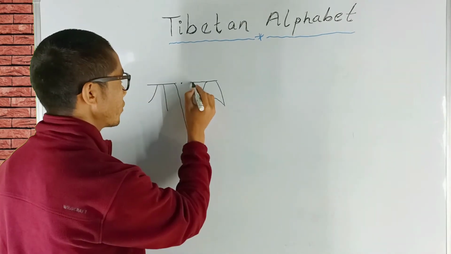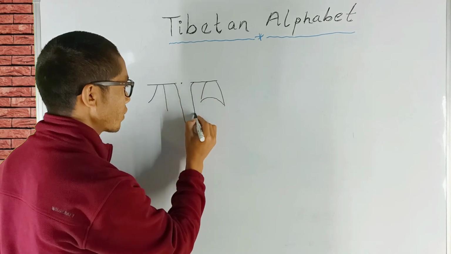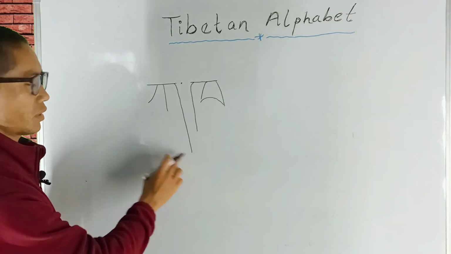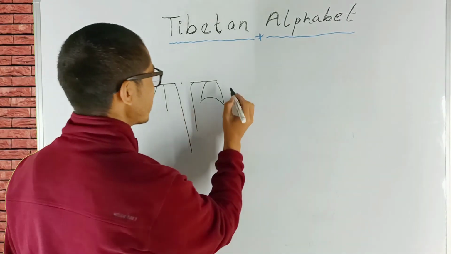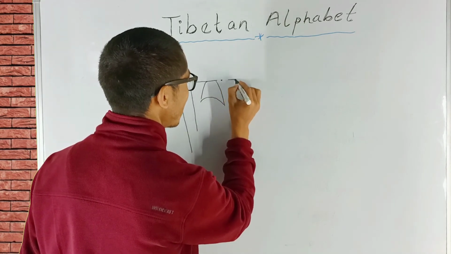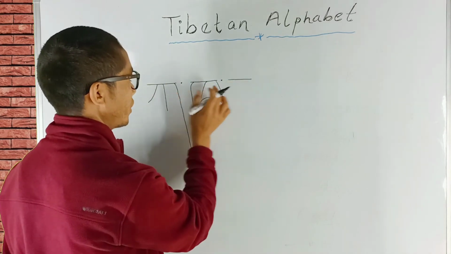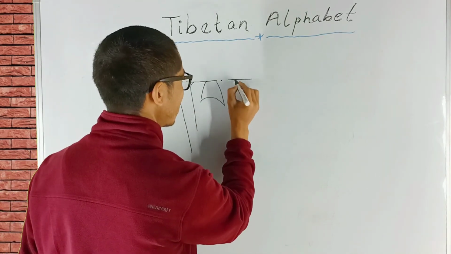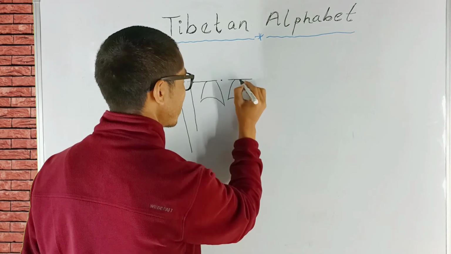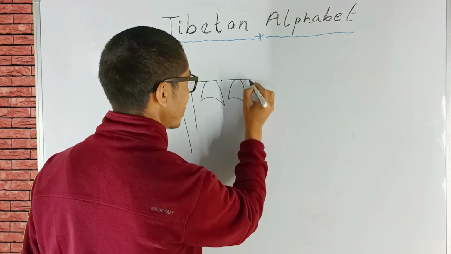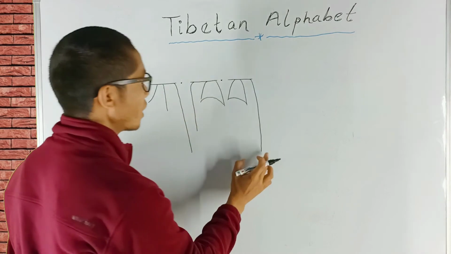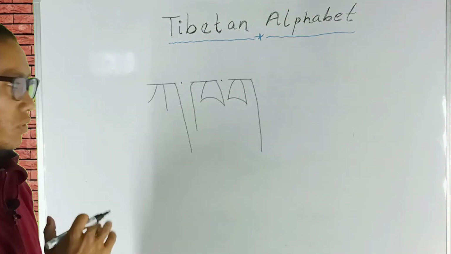When it comes to the foot, this letter's foot is shorter than the first Ka. You have a dot, and after that, Ga. The straight line is the same line, and Ga and the second Ka have the same long foot.